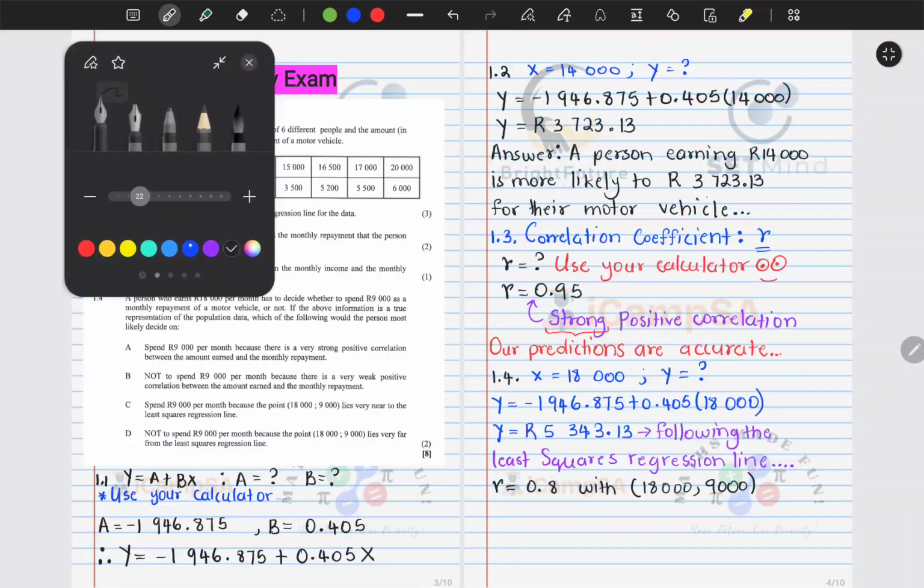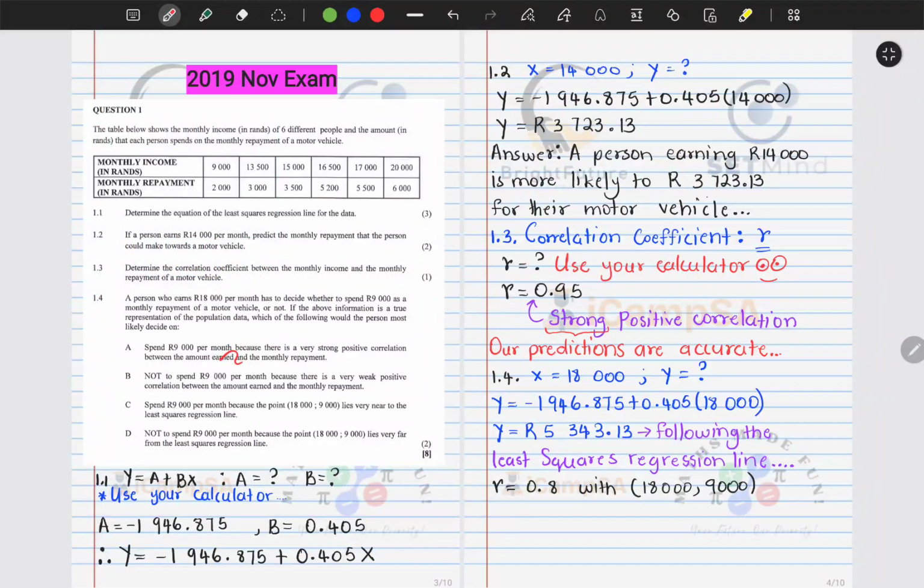Okay. So for A, they are saying spend 9,000 because there's a strong positive correlation between the amount earned and the monthly repayment. Not spend 9,000 because there is a very weak correlation between the amount earned and the monthly repayment. Spend 9,000 because the point lies very near the least squares regression line. This we know is not true.